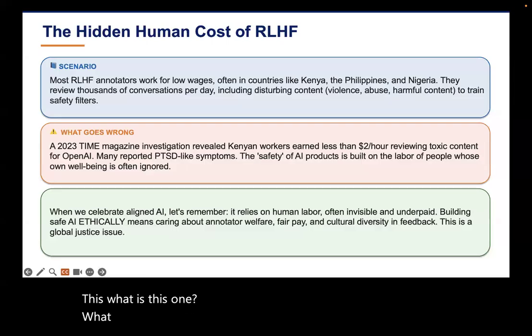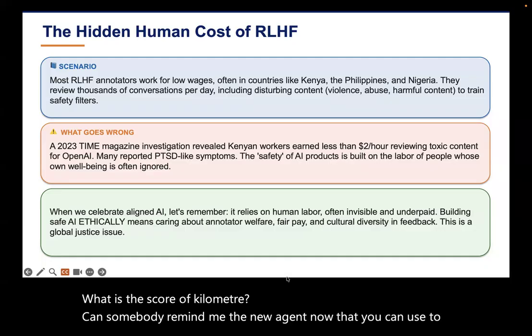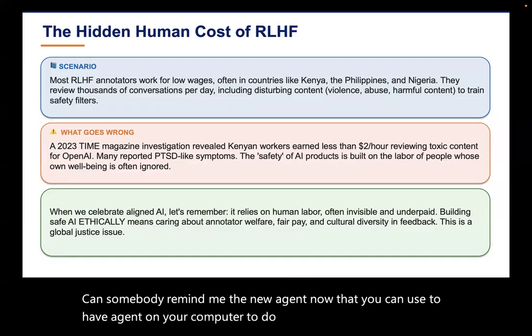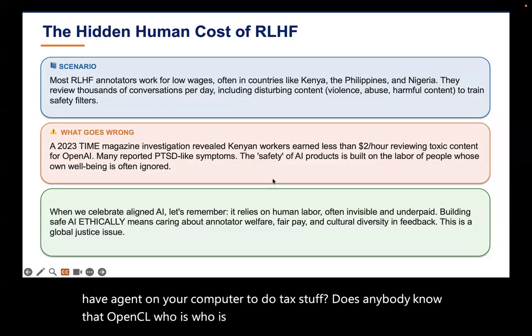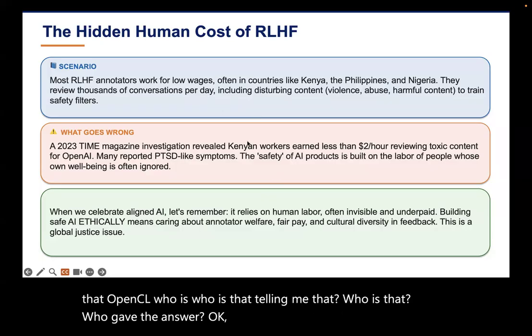Okay, let me remember. Um, can somebody remind me the new agent now that you can use to have agent on your computer to do tax stuff? Anybody know that? OpenClaw. OpenClaw, yeah. Who is that? Who is that telling me that? Who is that? It's Who me, gave sir. that? Okay, yeah, Lukman. OpenClaw. Yeah, so OpenClaw. So maybe you guys, OpenClaw or not.